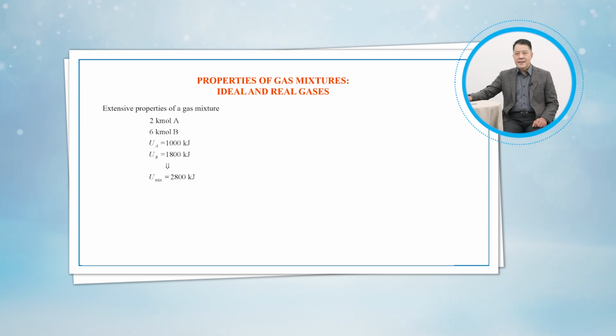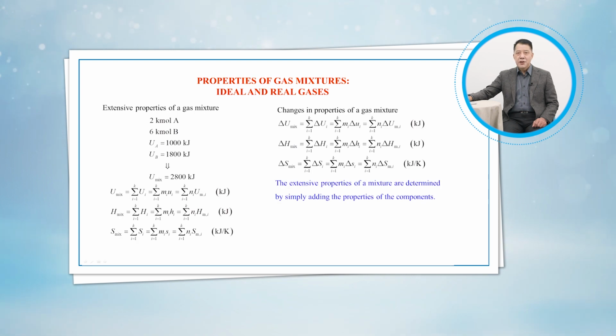This example suggests a simple way of evaluating the extensive properties of a non-reacting ideal or real gas mixture. Just add the contributions of each component of the mixture. Then the total internal energy, enthalpy, and entropy of a gas mixture can be expressed respectively as.